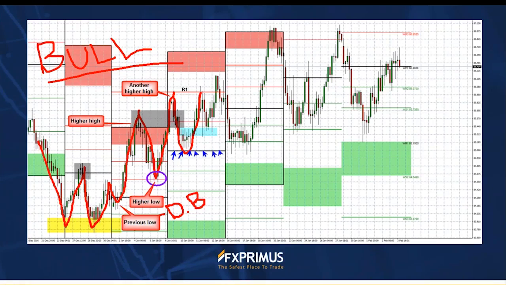Let's assume you don't take profit. We make a higher high. What do you do now? Shall we try that role reversal thing again? Resistance here, will it become support?